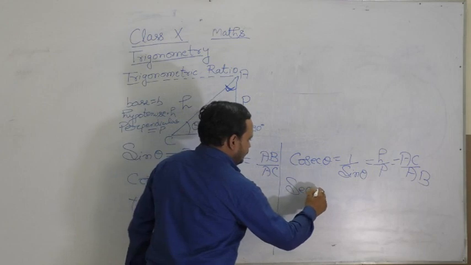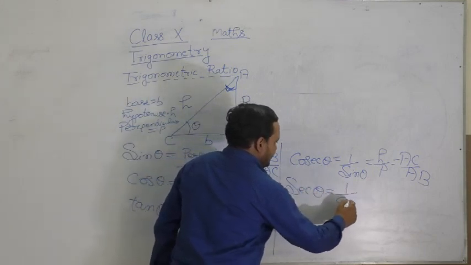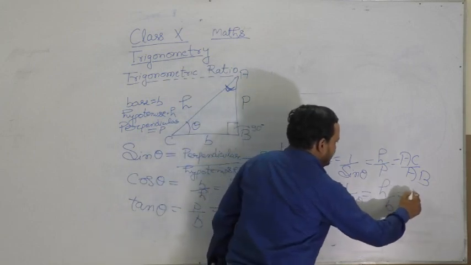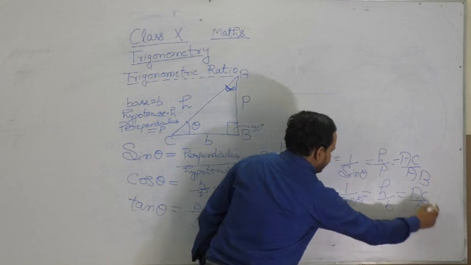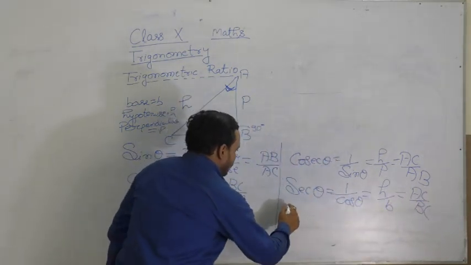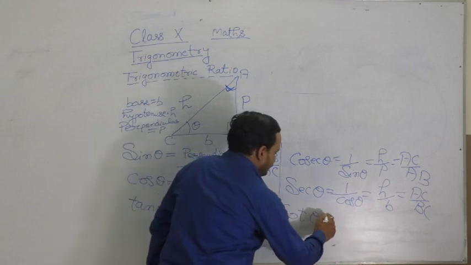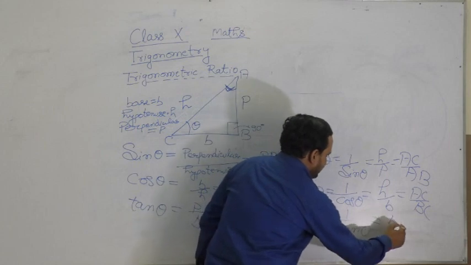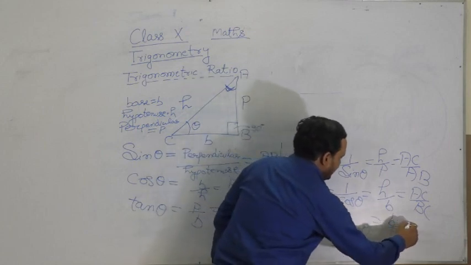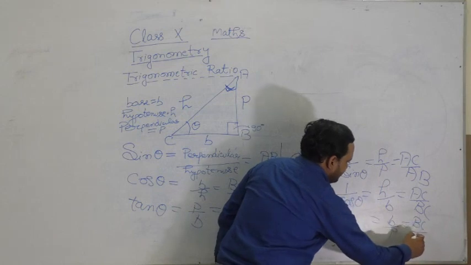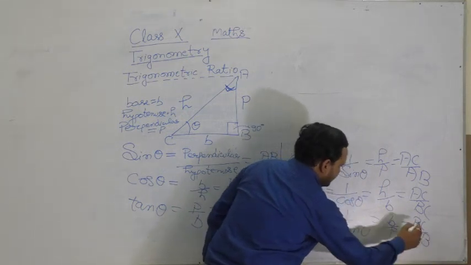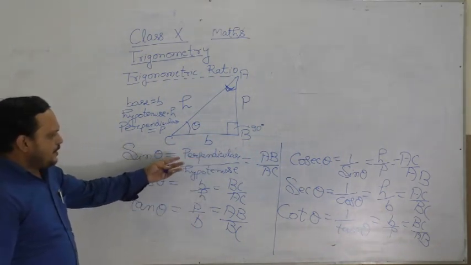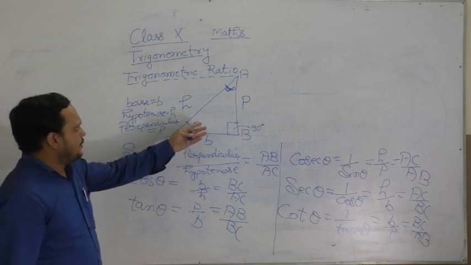It is the reciprocal of cos theta, hypotenuse by base, that is AC by BC. And the last one, cot theta, is the reciprocal, 1 by tan theta, and it is written as base by perpendicular, that is BC by AB. These are the six trigonometric ratios which we have to study in this T ratio section.